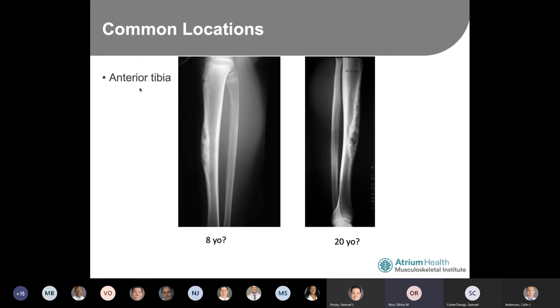Looks like there's some cortical thinning, looks like extra periosteal, and it's located on one side of the bone, eccentrically located. It's non-homogeneous, so it has sort of a moth-eaten appearance a little bit.